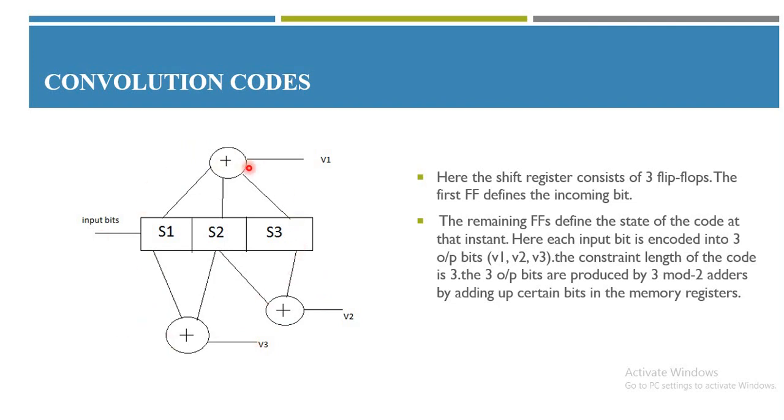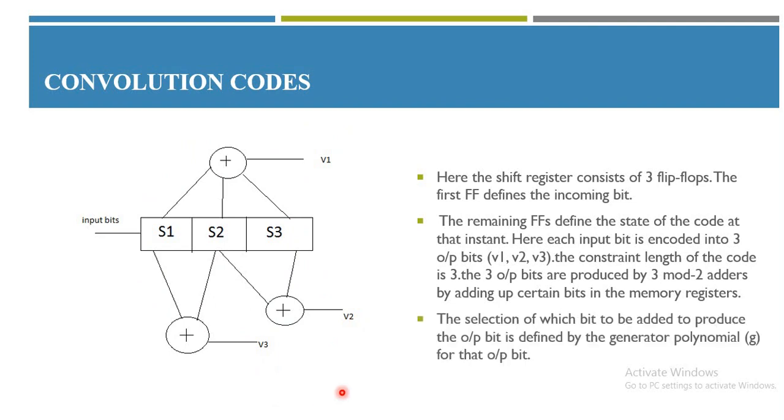So here by just adding certain bits of the memory register, we are generating the output, and the selection of which bits are to be added to produce the respective output is defined by the generator polynomial for that particular output bit. And here, as I have already told you, V1 is equal to S1 XOR S2 XOR S3, V2 is equal to S1 XOR S3, and V3 is equal to S1 XOR S2.